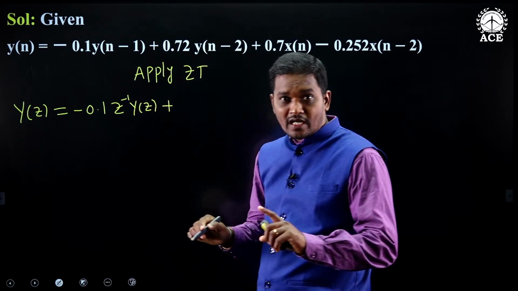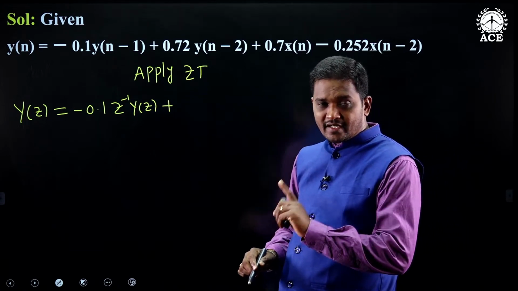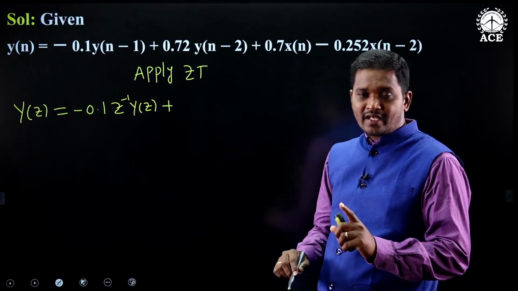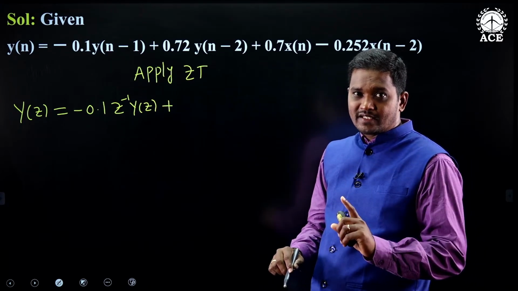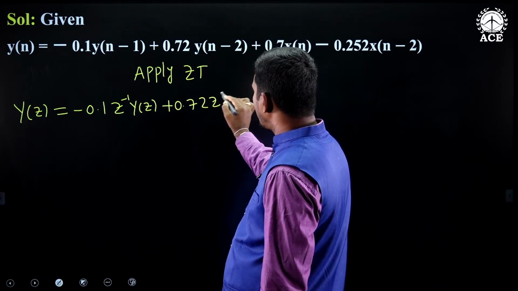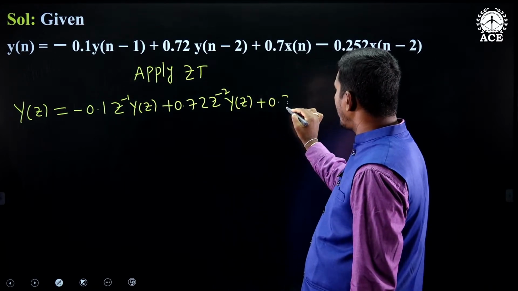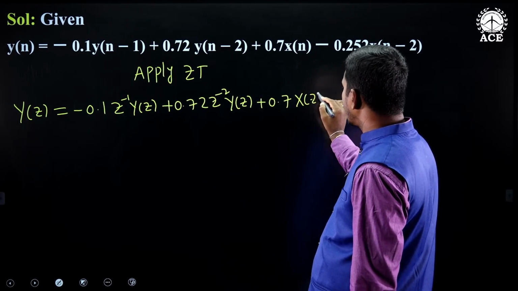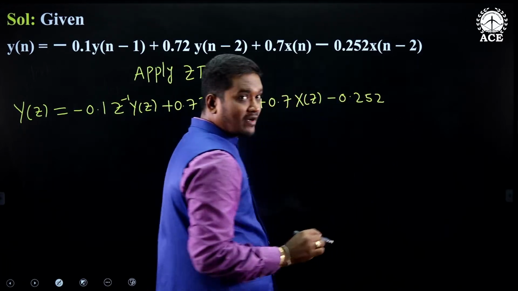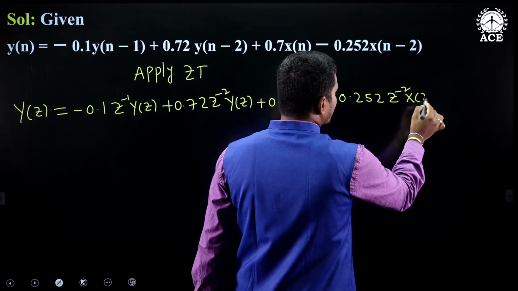I told you the time shifting property plays an important role, because when you are converting a difference equation to a transfer function, you need the time shifting property. That's why initially I covered that. Plus 0.72 z power minus 2 Y of z plus 0.7 X of z minus 0.252, and the z transform of x of n minus 2 is z power minus 2 X of z.